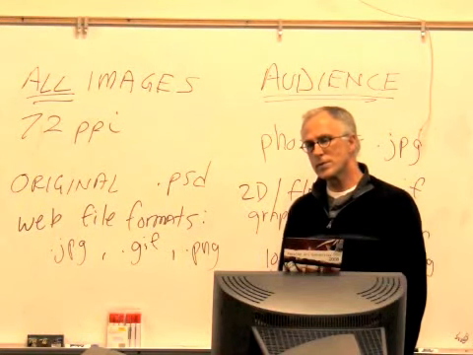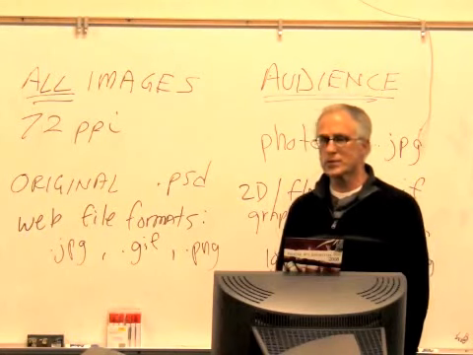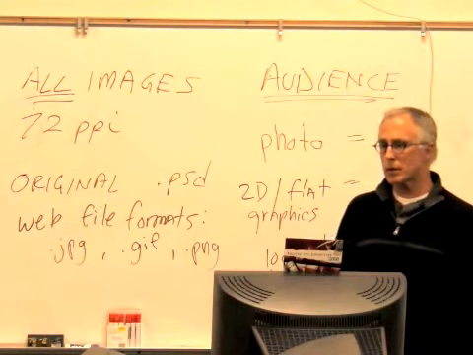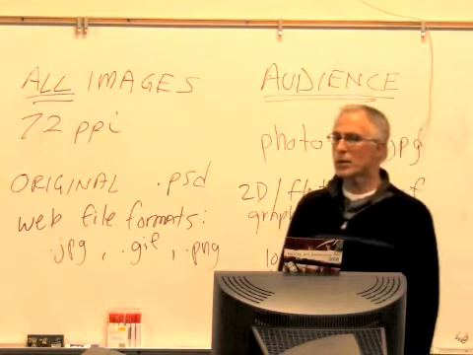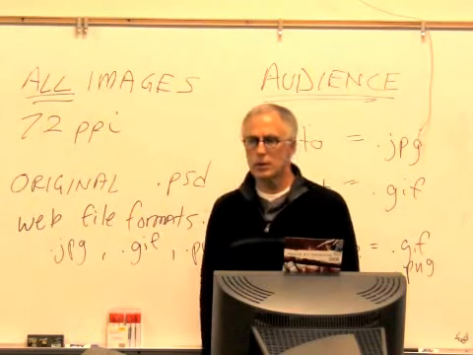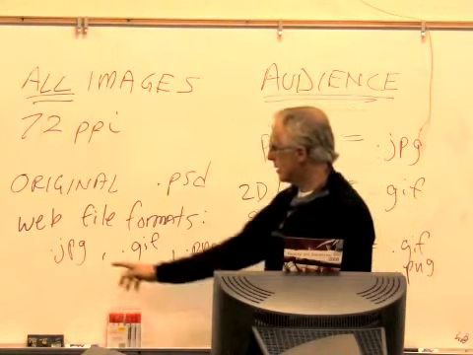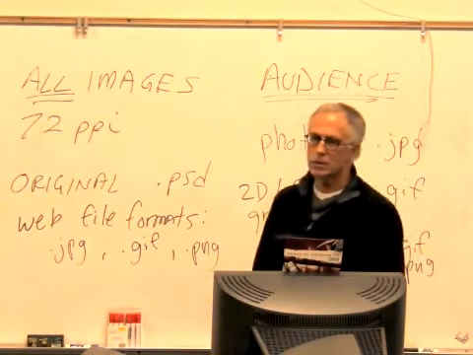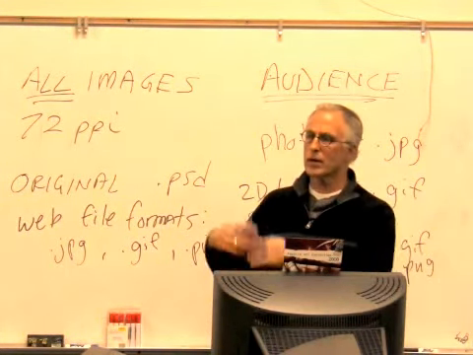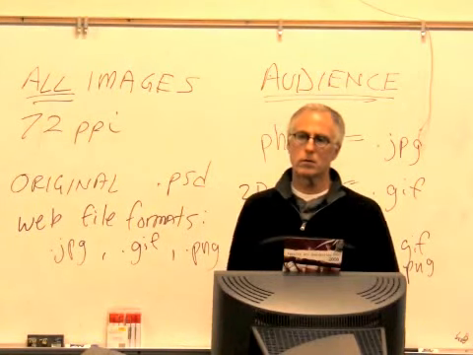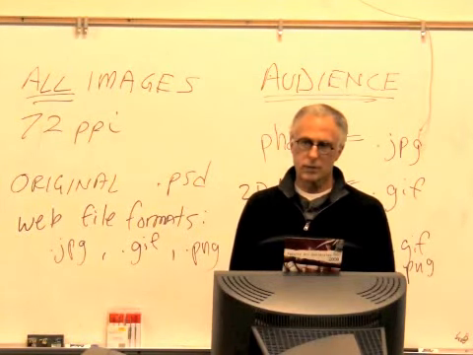Can you think of a specific kind of file that has both, or if it's something that you created in Illustrator? If you created a 2D image in Illustrator, you would still have to convert it to a JPEG, a GIF, or a PNG in order to make it visible on a website.